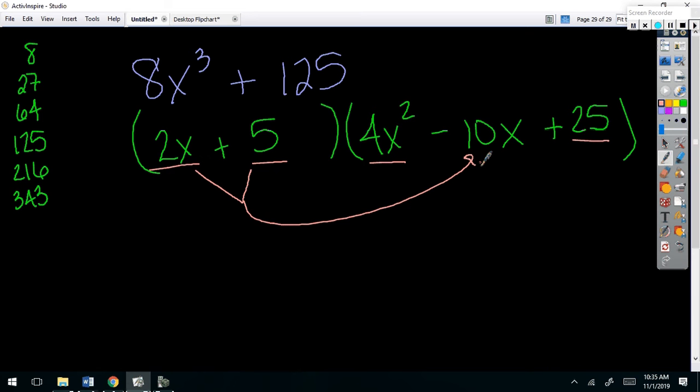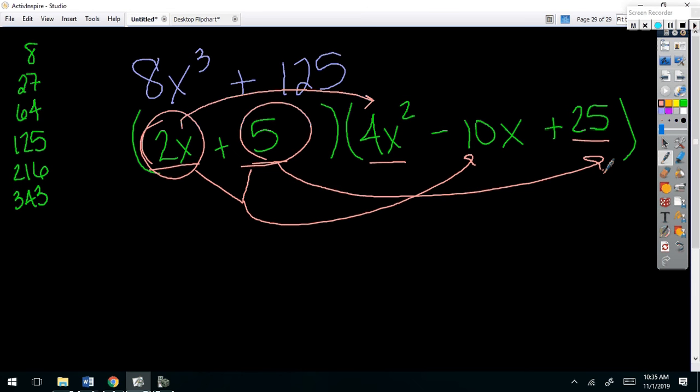This squared gives you this one, and this squared gives you that one. You're getting it in factored form, so you want to leave it like that. You're working backwards. If you multiply this out, you get 8x cubed plus 1.